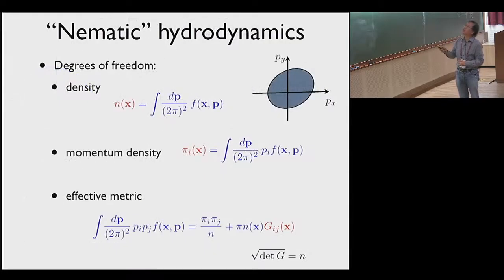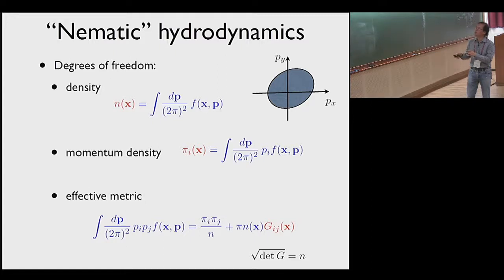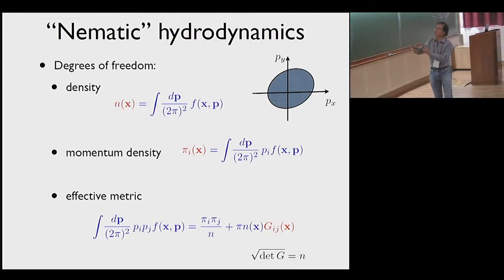So if I have a Fermi surface with the shape of an ellipse, then I can parameterize it by its volume, which is the density, its overall displacement of its center from 0, which gives us the total momentum density, and some kind of effective metric that can be written as the second moments of the distribution function of this composite fermion. This g_ij gives me the shape of this ellipse.